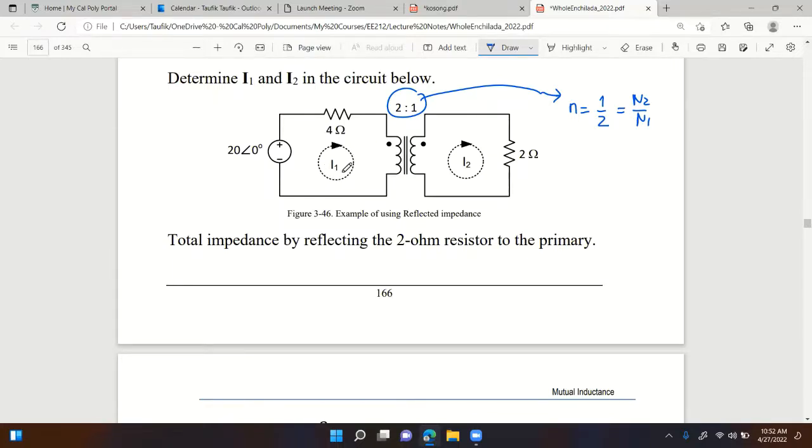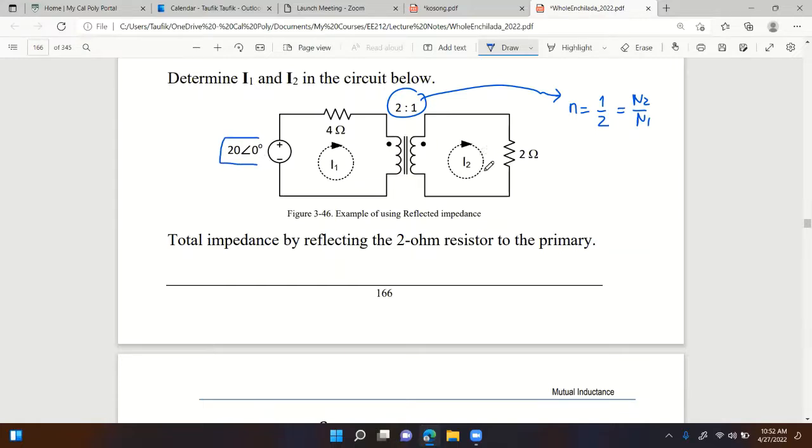So I1 is clockwise. I also assume that I2 is clockwise as well. And then we'll see whether or not these are correct directions. Okay. And then it's asking for the values of I1 and I2, and you can see that the voltage phasor is 20 at 0 degree angle.